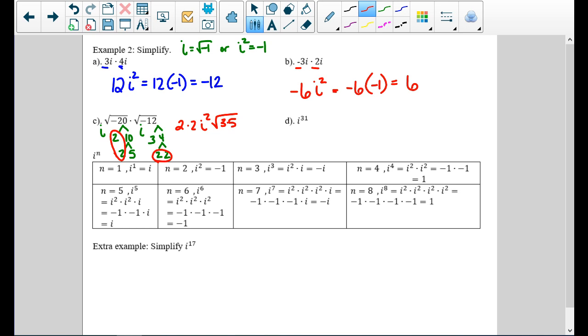And now the extras outside, I'm just multiplying. 2 times 2, 4i squared. 3 times 5, 15. But again, simplify that i squared. i squared is actually -1, so 4 times -1 is -4 square root 15. And there's my answer.